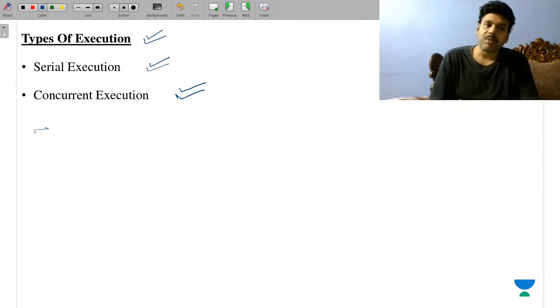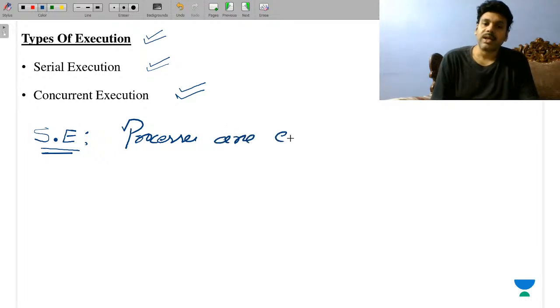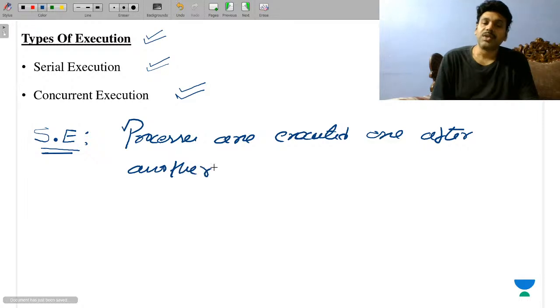When you are talking about serial execution, we know that the processes are executed one after another. If there are two processes or two threads, whatever you say, I don't mind.